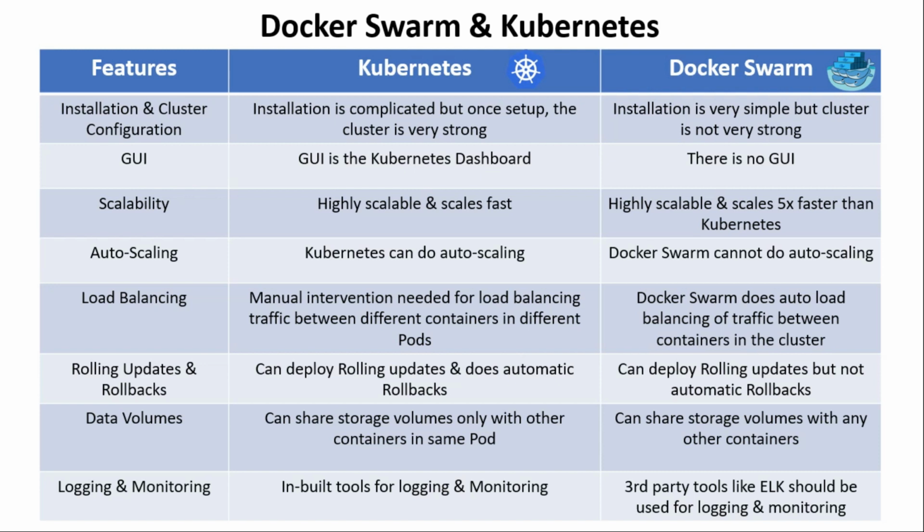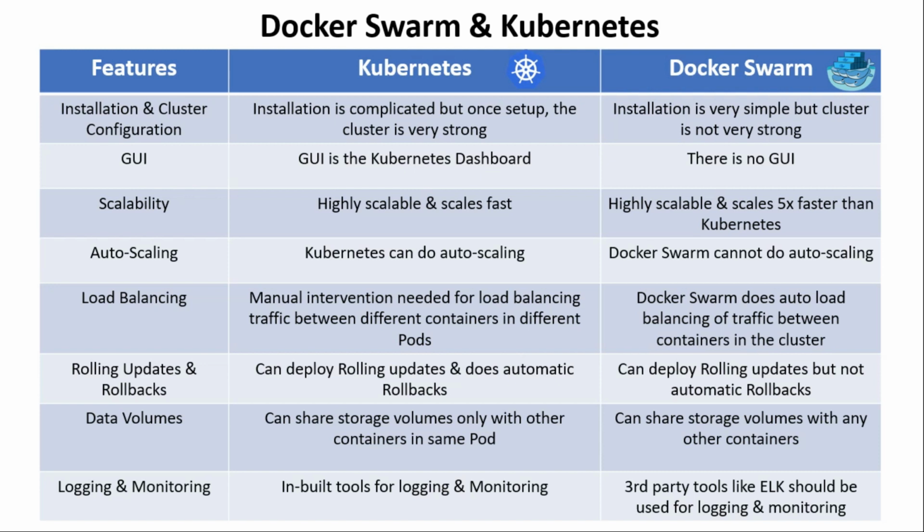Load balancing: manual intervention is needed for load balancing traffic between different containers in different pods in Kubernetes. In Kubernetes we work on pod-based features, where we create multiple containers in pods, and Kubernetes does not talk directly with containers.